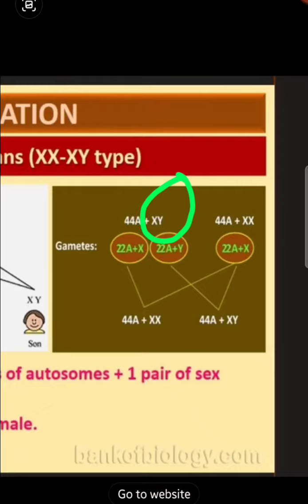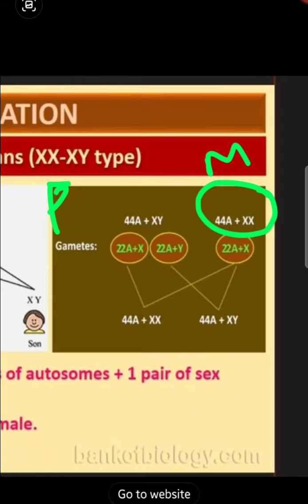Since the females are homogametic, all the gametes produced will have the X chromosome. So these are the chromosomal composition in the mother and the father, right?